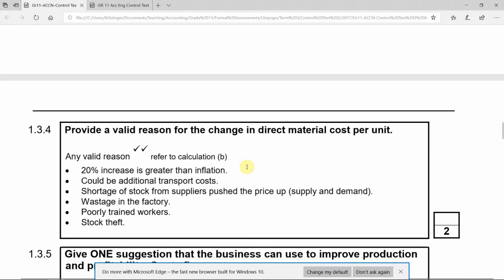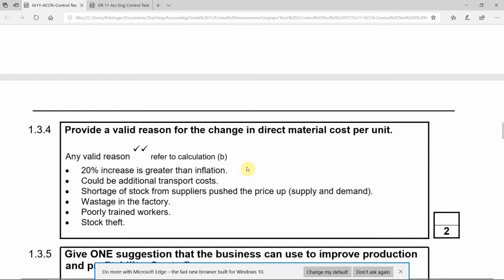So we already calculated the 20% increase, which we know is more than inflation. We already indicated additional transport costs. Okay, another reason could be a shortage of stock from suppliers that will push the price up if something is scarce.